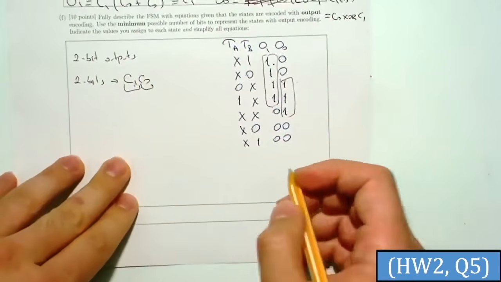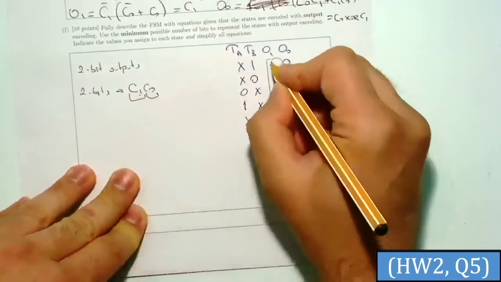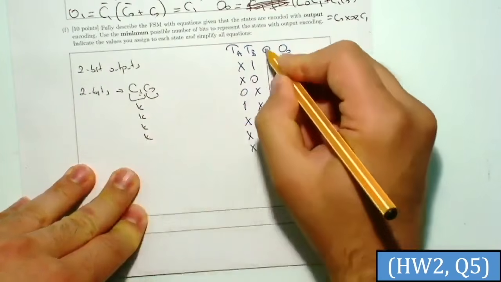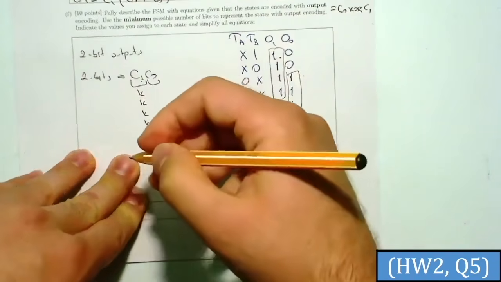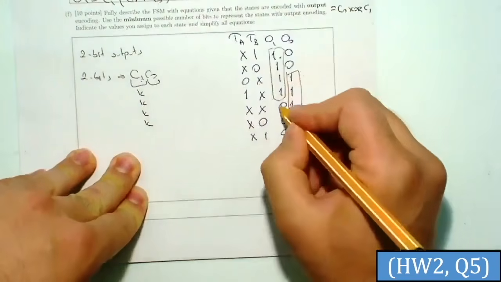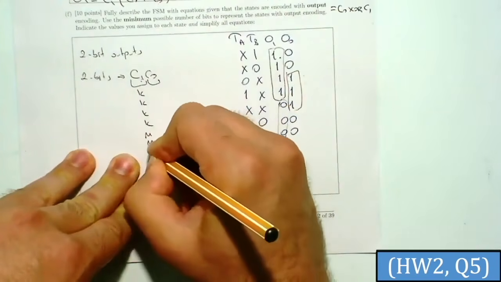So you can write it as follows. For C1, I want to have the same bit, K, when O1 is 1, in the first 4 rows. Then I don't want to have the same bit for the remaining rows when O1 is 0, so I will have M's here.